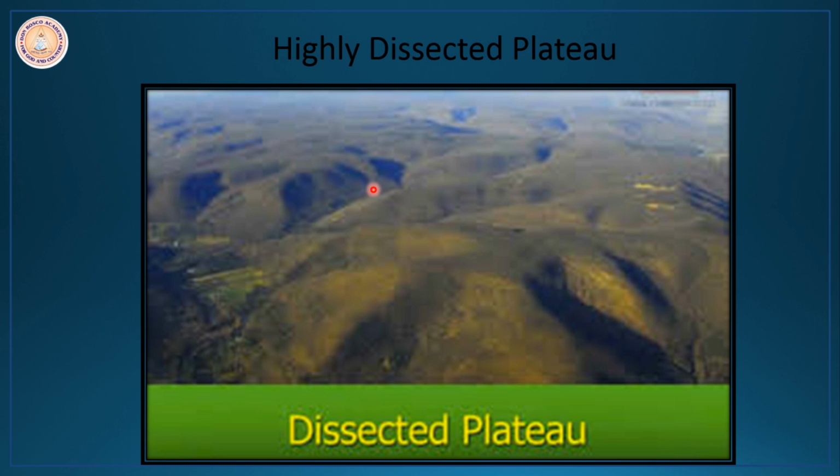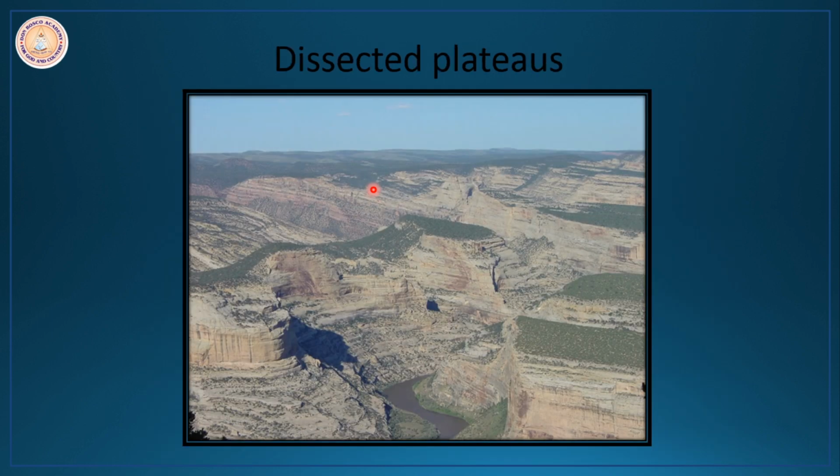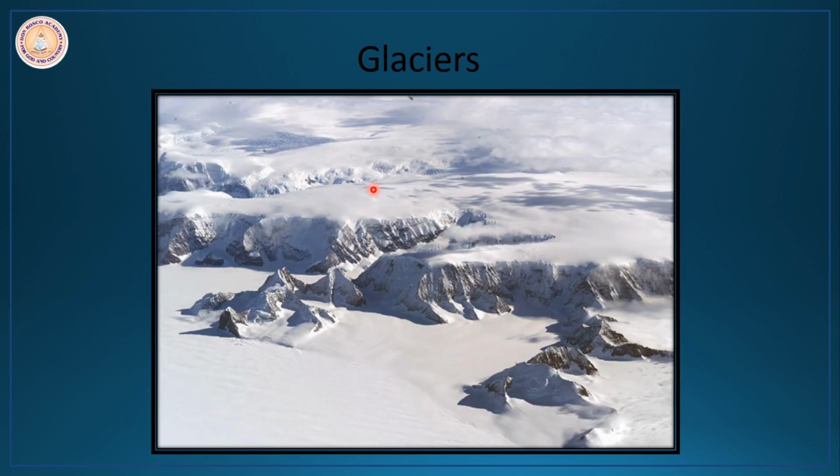It can also be dissected by wind, or it can also be dissected highly by glaciers. So this is how a plateau looks if it has been dissected by glacier.